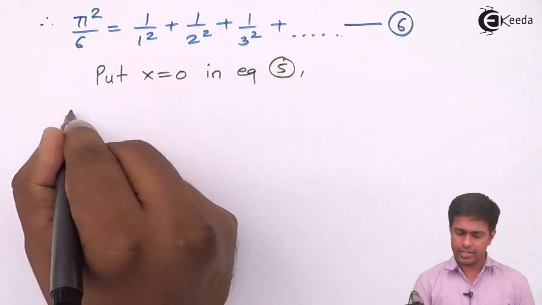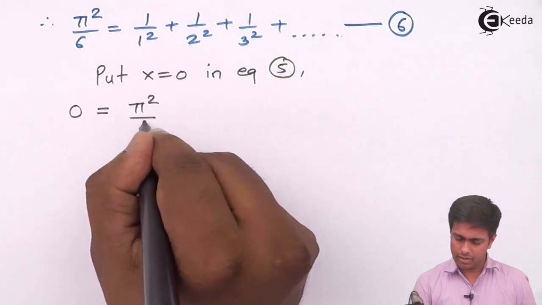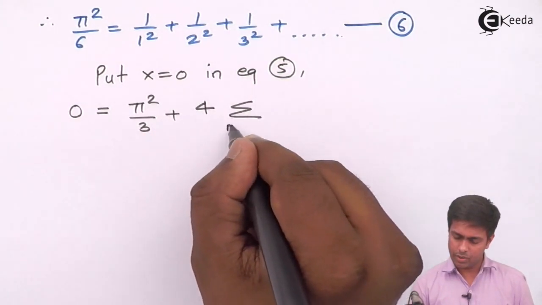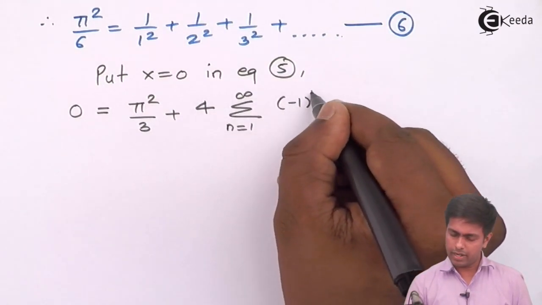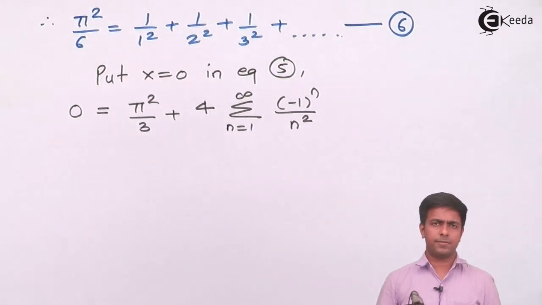So left hand side is 0 square 0, right hand side is pi square by 3 plus 4 times summation n equals 1 to infinity, minus 1 to the power n upon n square, and cos 0 is 1.